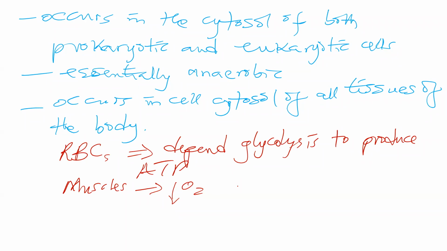The other cells that utilize this process more prominently are the cornea, the lens, the kidney, cancer cells, and also the GIT. These basically produce ATP via the glycolytic process.